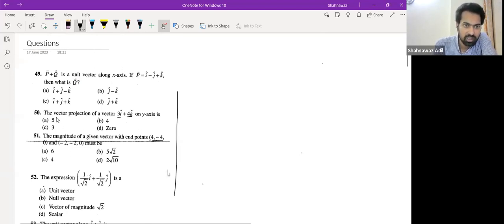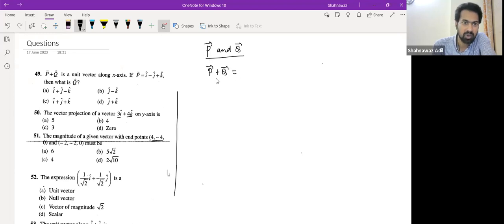Okay. So we have this P plus Q is a unit vector along x-axis, right? So we have two vectors P and Q, and their sum is a unit vector along x-axis.